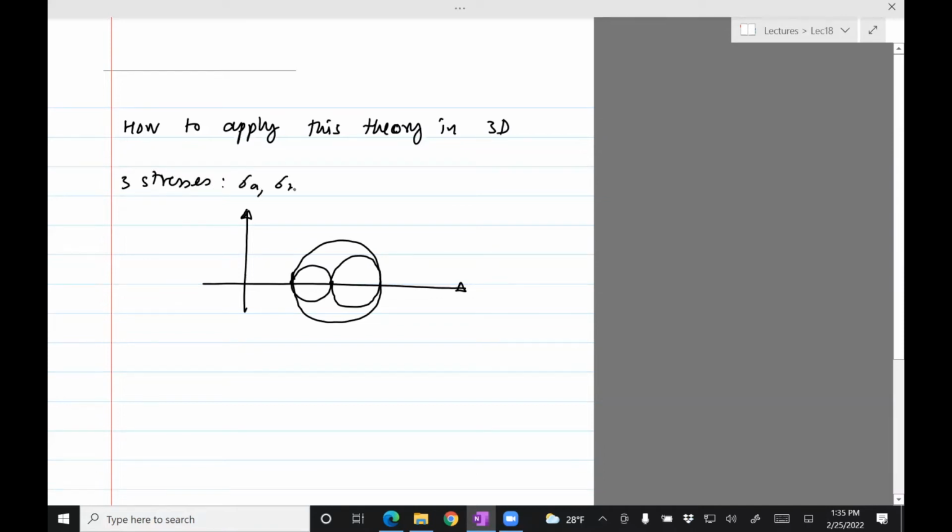Let me call them sigma A, sigma B, sigma C. Okay, what we do in 3 dimensions is renumber them such that sigma 1 is greater than sigma 2 is greater than sigma 3. Once you do that, sigma 1 is this, sigma 3 is this one, and sigma 2 is there, right? Just because this is the sigma axis, and then the maximum is clearly from the figure, sigma 1.